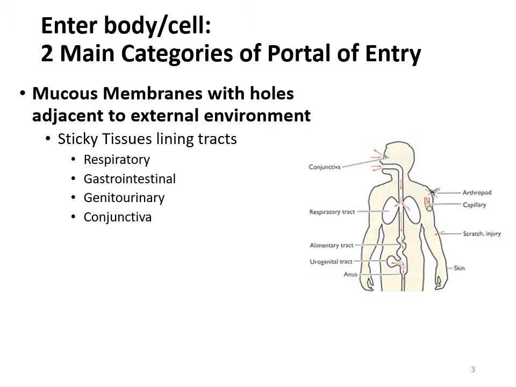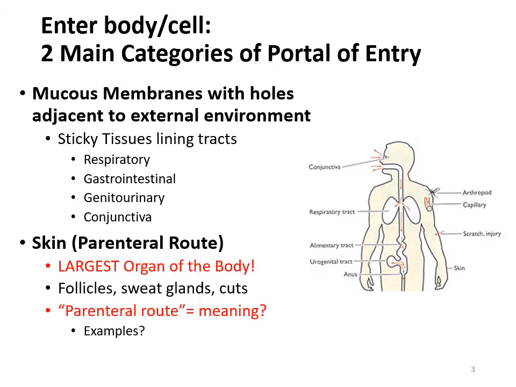The other big portal of entry is the skin. Any bacteria that enters through breaks in the skin is considered as entering through the parenteral route. Remember the skin is the largest organ of the body, and we're going to talk about the skin and the immune system as being very good at protecting us.